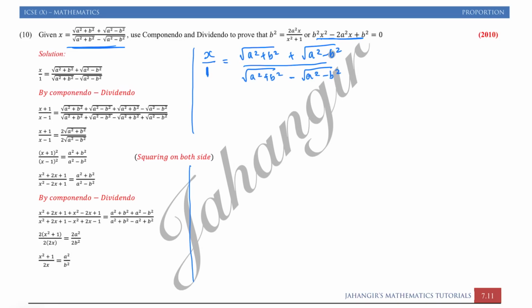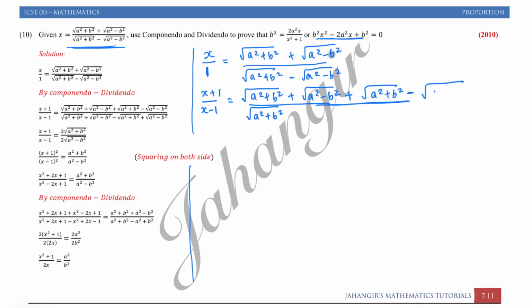So first we'll use componendo dividendo. As you know, we have to write (x plus 1) upon (x minus 1) is equal to (root of a square plus b square plus root of a square minus b square plus root of a square plus b square minus root of a square minus b square) upon the same with minus. Now the same process with the denominator.